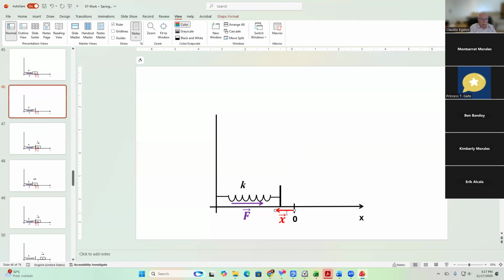Okay, here you go. This spring is not compressed, okay? The spring is at the position of equilibrium. And to make it easier to understand, let's make the plate at the position of equilibrium.